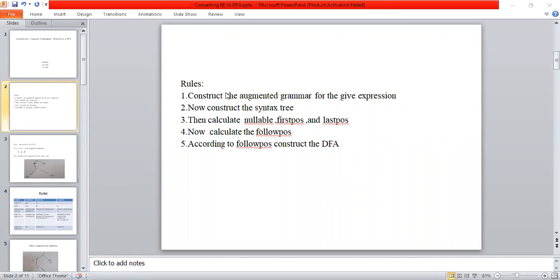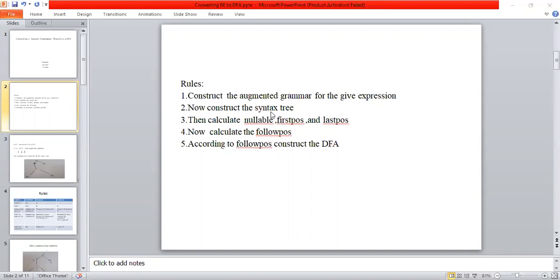To do this, I have some rules. The first rule is to construct the augmented grammar for the given expression. The second rule is, after constructing the augmented grammar, to construct the syntax tree based on it.